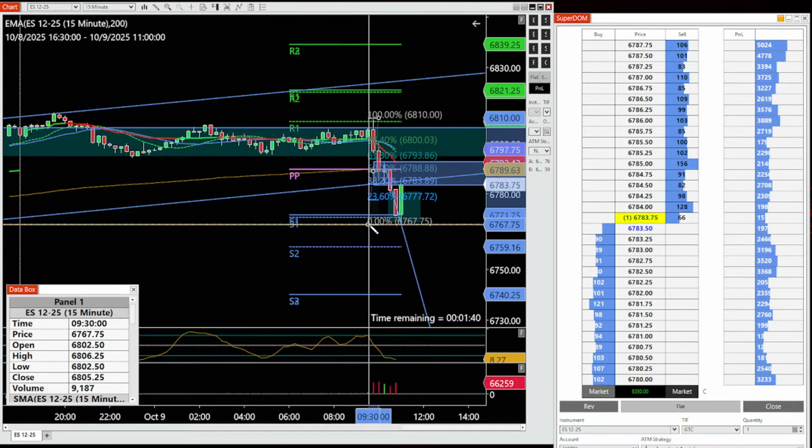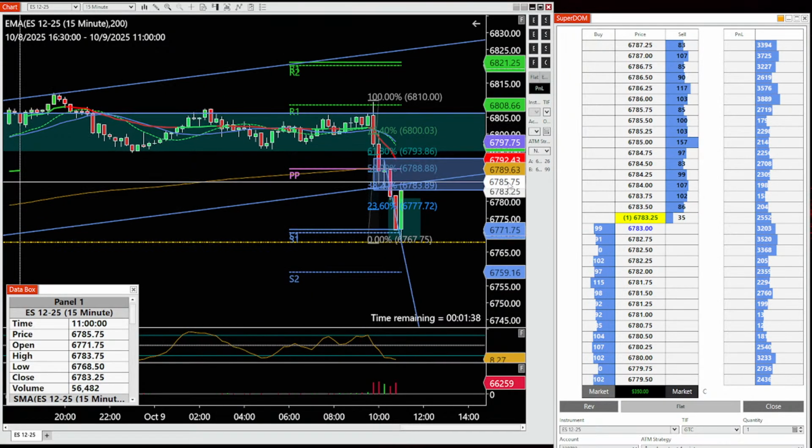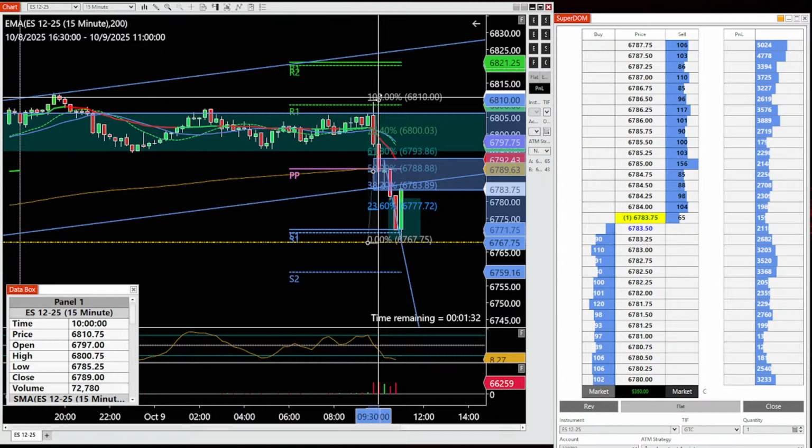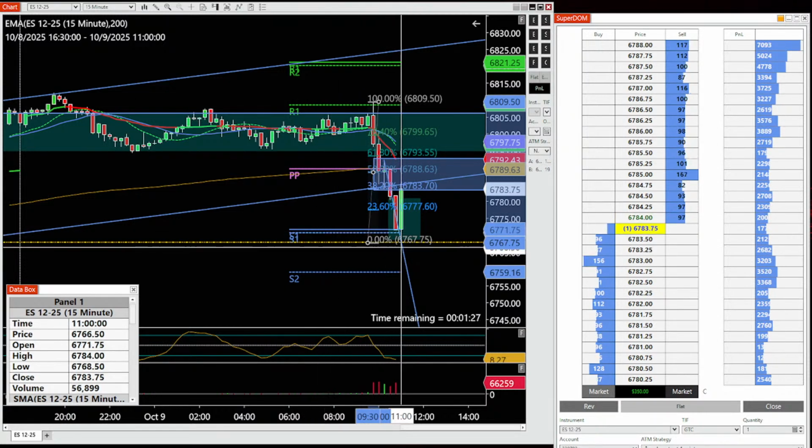Might not be perfect, but see if we can. What was this high? Now 50. So see if I can get 50. There we go. And this low is 80.